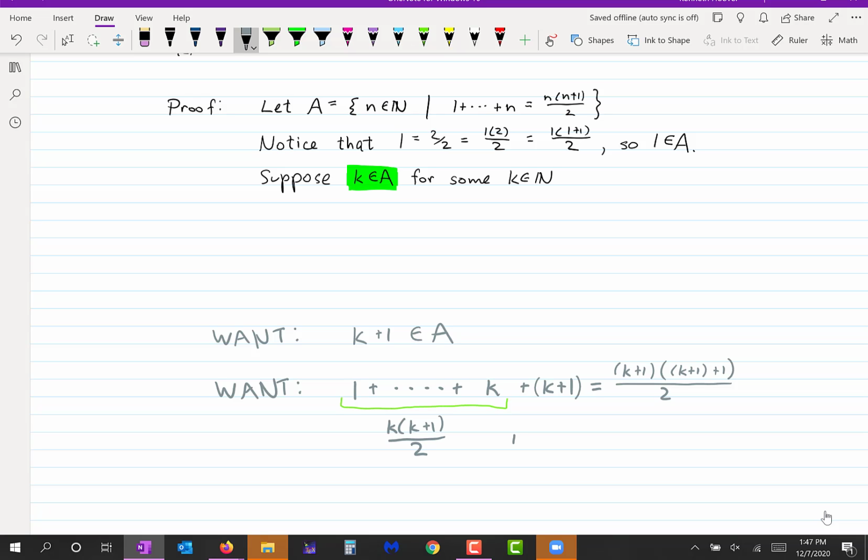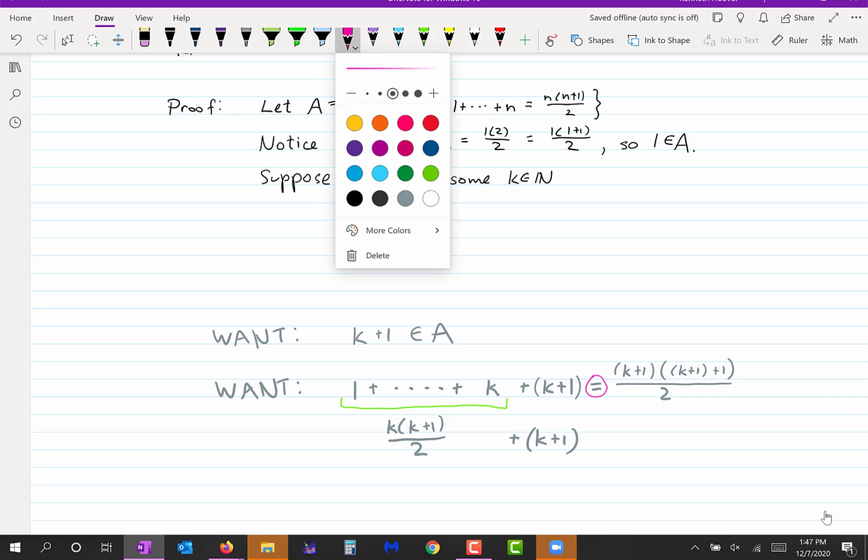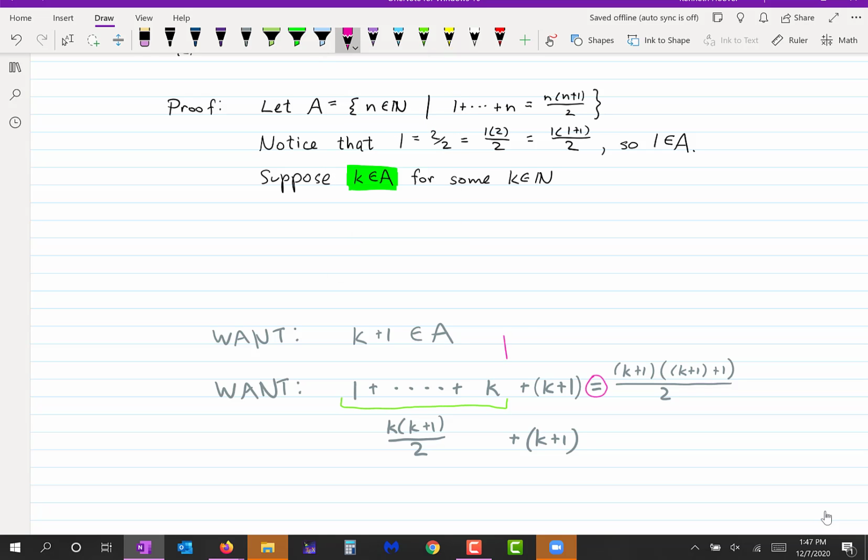So then we have this. Remember, this equal sign's not really here yet. That's what we want. And we're trying to figure out how to get from here to here. So that equal sign's not really there yet. But I can say this equals this.